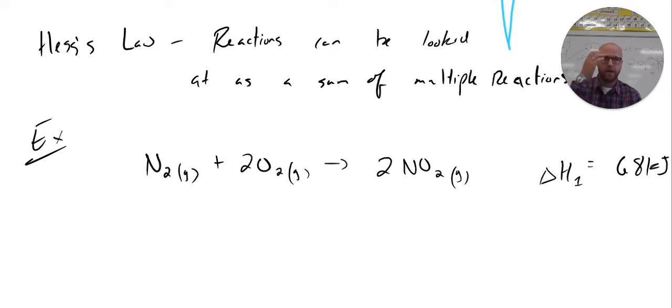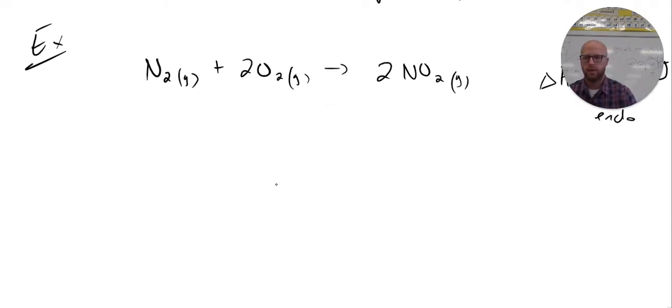First off, delta H is positive here. So is it endothermic or exothermic? It'd be endothermic. A positive delta H means it's endothermic. Another way to look at this reaction would be as a series of 2 steps.